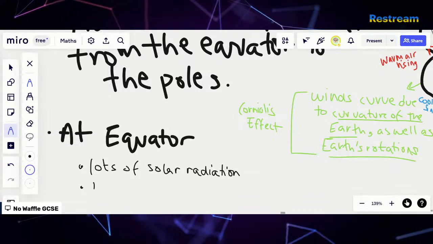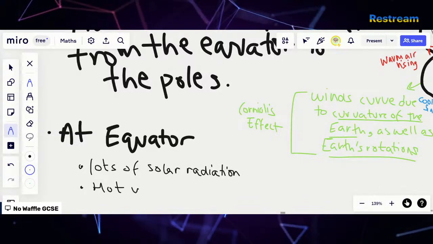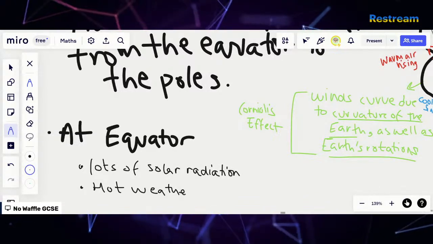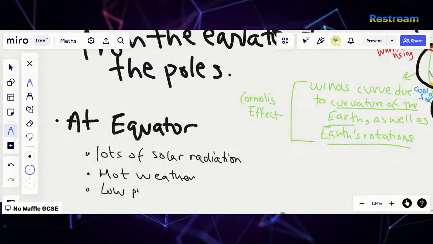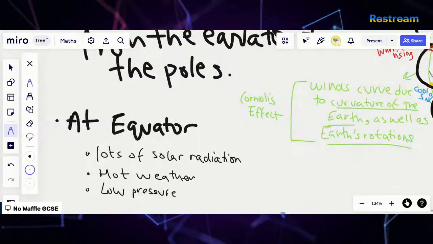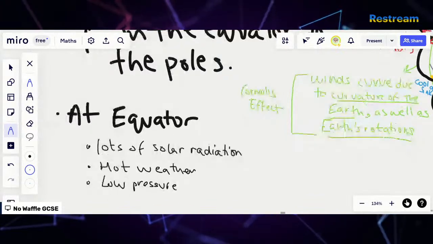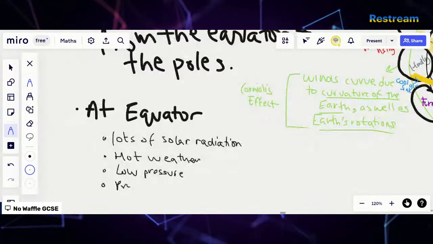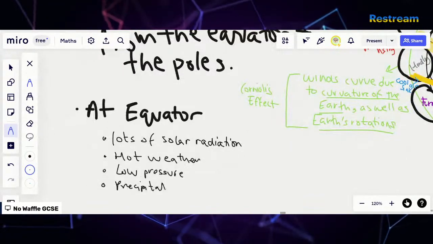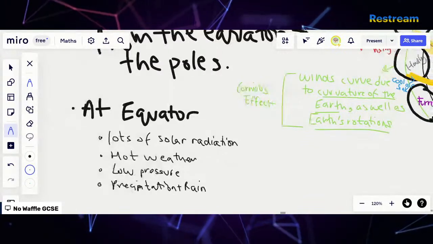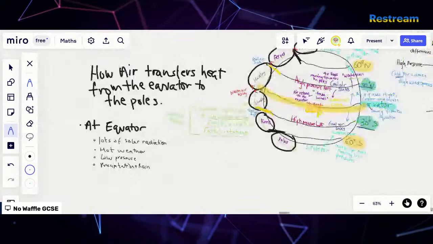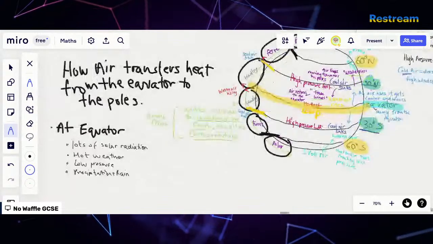So it's hot weather. And also lots of low pressure. And also because the hot air then rises, and we know that warm air rises, this then creates lots of precipitation and rain. And what do we know is at the equator that has lots of precipitation and rain but also is very hot? Well, that's the Amazon rainforest.